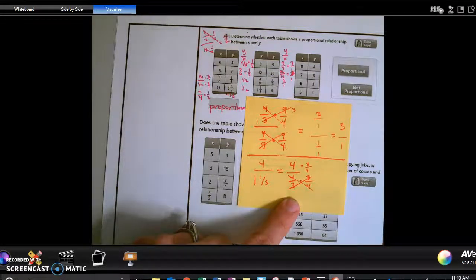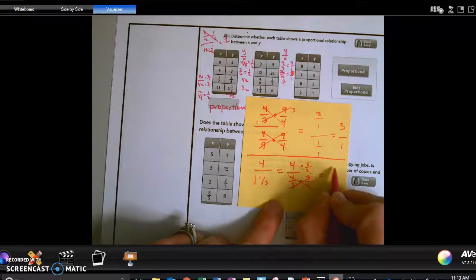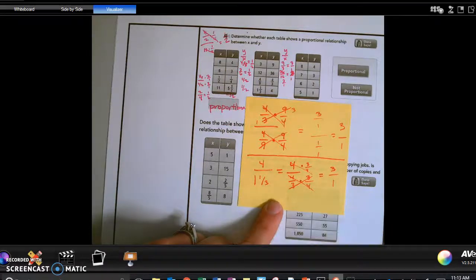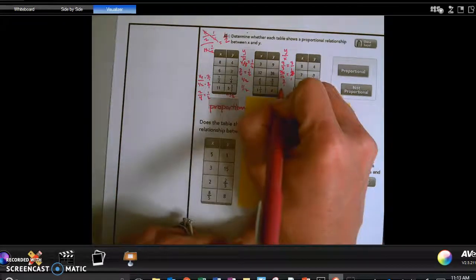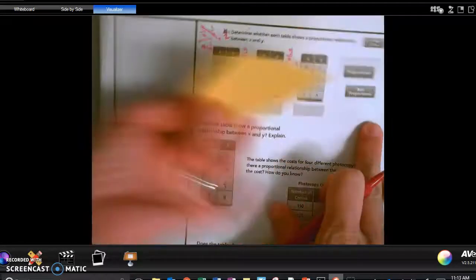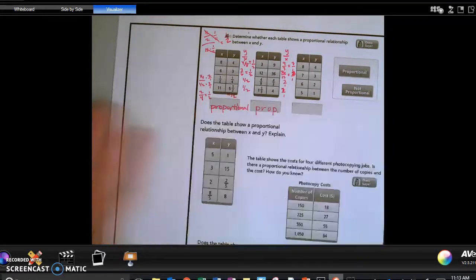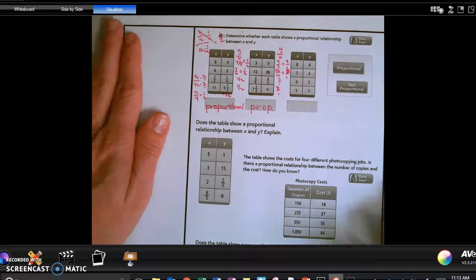So I will multiply by 3/4 on the top. 4 times 3/4, I know my 4's will cancel, so I'm left with 3 over 1. So again, I see that 3 to 1 ratio. So I would say that this one is also proportional.